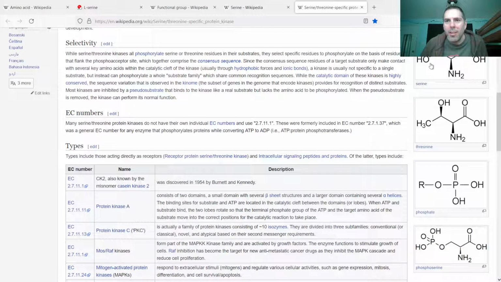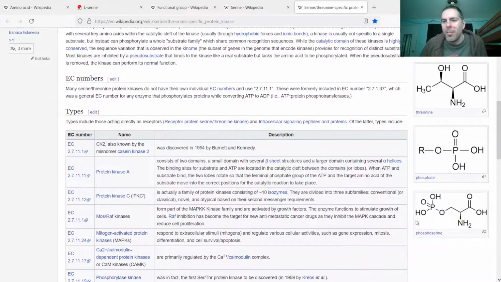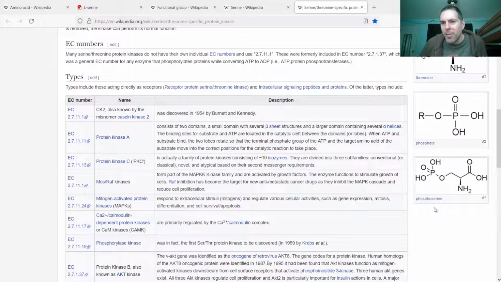Here's serine again as a simplified skeletal view or whatever that's called. And then a phosphate is phosphorus with the 4 oxygens and the double bond, and usually these are negatively charged in the cell. So here's phosphoserine.